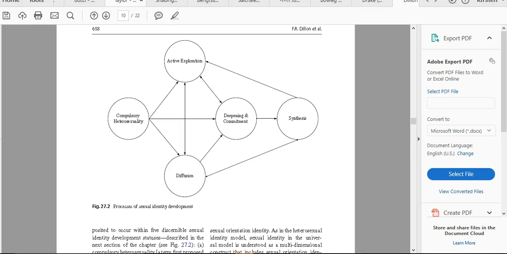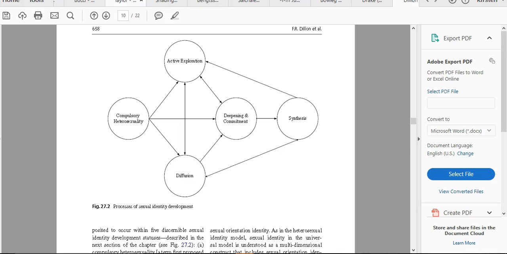Another case study example, let's name Jason. Jason left the compulsory heterosexuality circle very early on in life, probably by about age 7 or 8, and entered the active exploration phase, in particular exploring what it would mean to be a gay male.